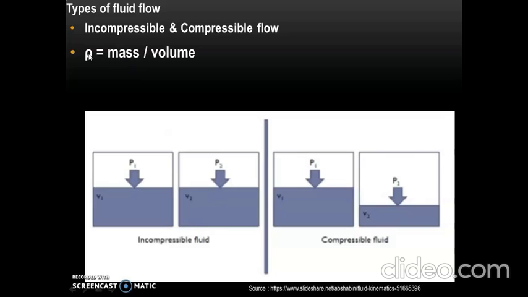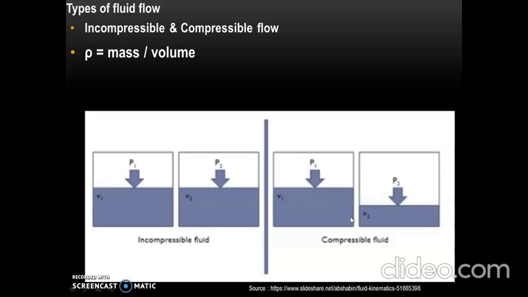That means density, which is mass upon volume, is same as that of initial density. So in case of incompressible fluid, there won't be any change in density of the liquid, and the type of flow is referred to as incompressible flow.